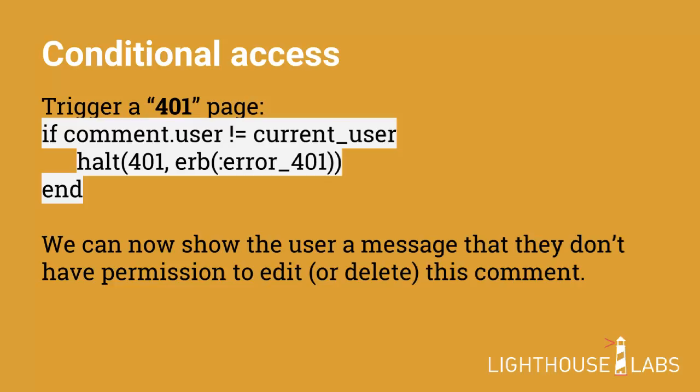So here's a comment here. It's asking, well, is the current user the same as the user that created this comment? If not, then 401, forbidden. You can't do this. This isn't yours. Don't touch it. So in this case, we show the user a message that they don't have permission to change this comment or delete this comment that they didn't first create.